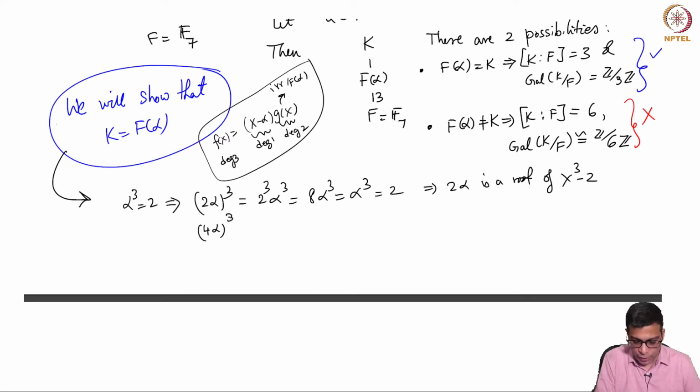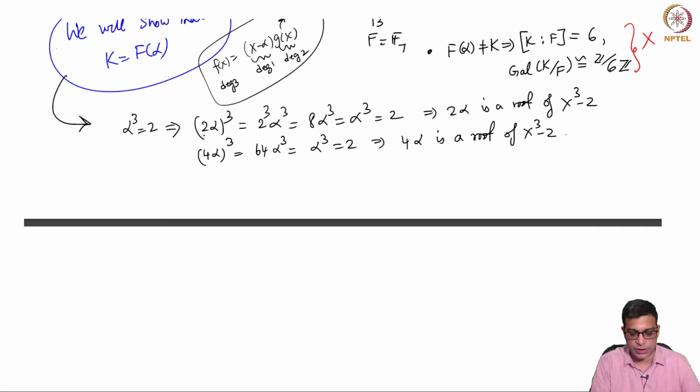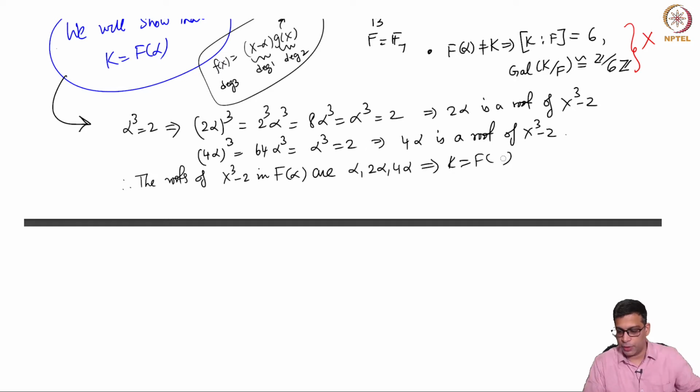Similarly, if you do 4 alpha cubed, you get 64 alpha cubed. 63 is a multiple of 7, so this is alpha cubed, which is 2. So 4 alpha is a root. So the roots of x cubed minus 2 in F alpha are alpha, 2 alpha, and 4 alpha, and hence K is F alpha, as I claimed at the end of last class.